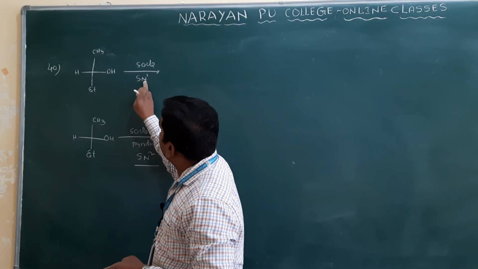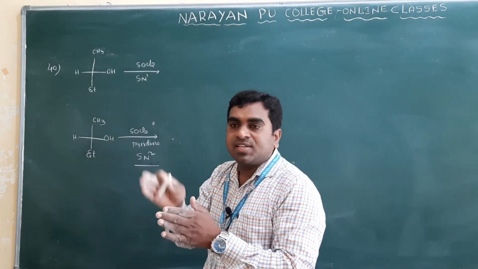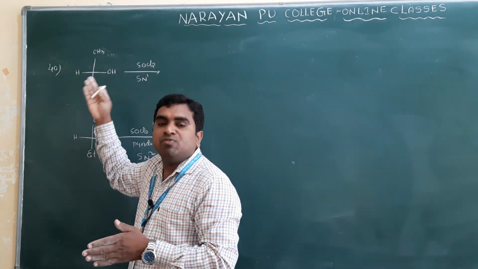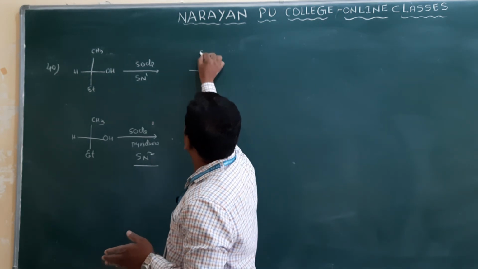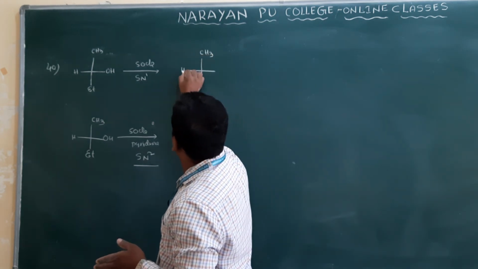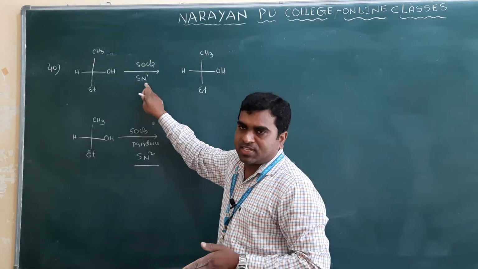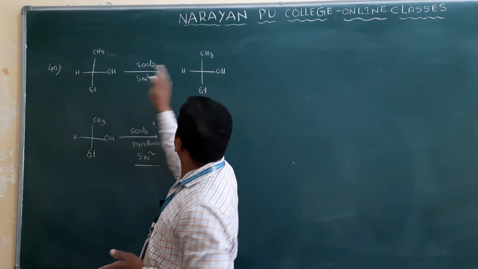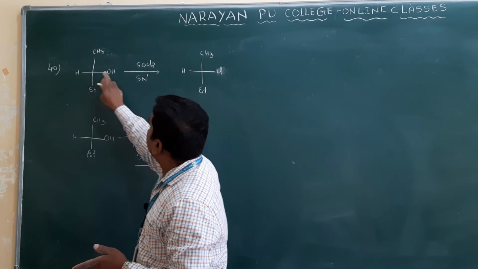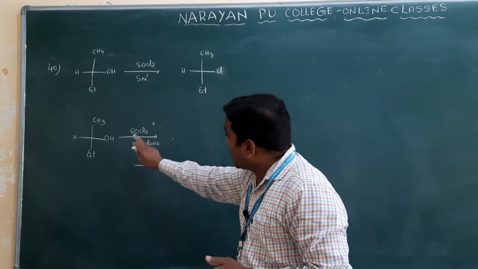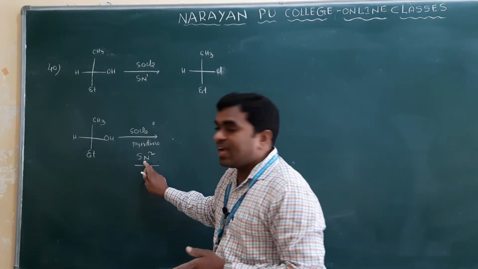But in the SN1 reaction, will the nucleophile attack take place from the front side or from the back side? The major one here means you will not have a change here: CH3, H, ethyl and OH. This is because it follows which mechanism? SN1. SN1 means where the nucleophile is there, the chlorine will be added at the same position. If they give a question like this with pyridine, it follows which reaction?